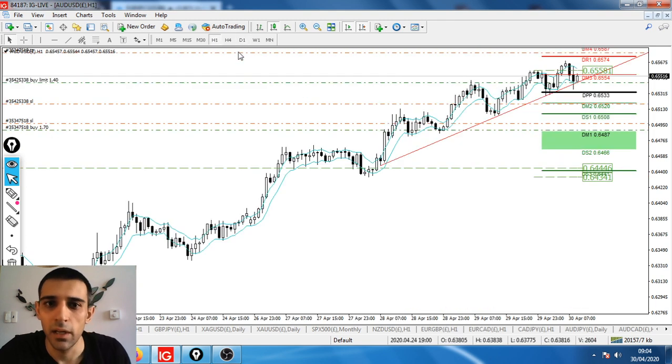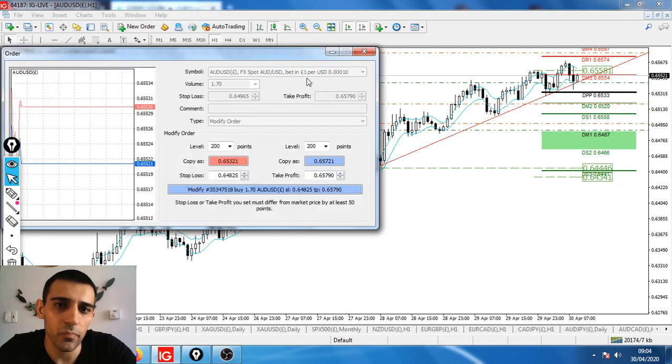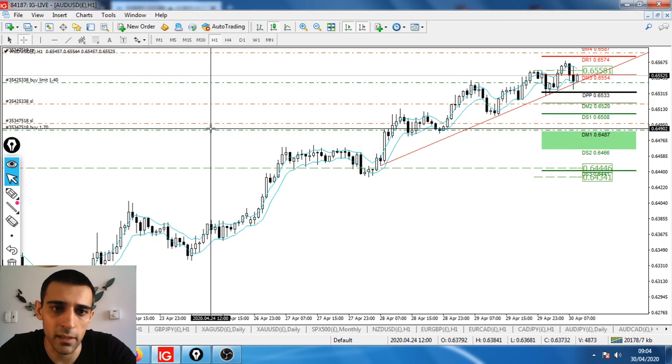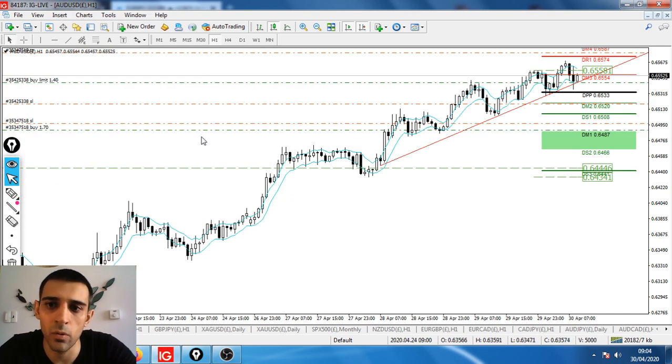it's gonna do. So in this case, this is a classic example of adding to the trade. As we can see, I have this trade on already, which has been down to this level, 64.89. I already moved up the stop loss on this one, in case the price decides to continue down to this one. I had the same risk on this one, which was a 20 pip stop loss.